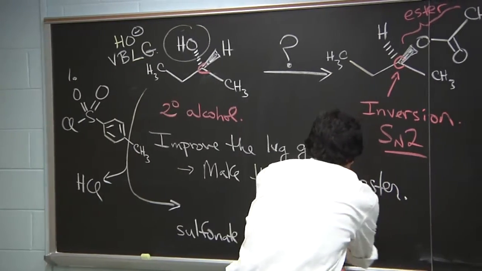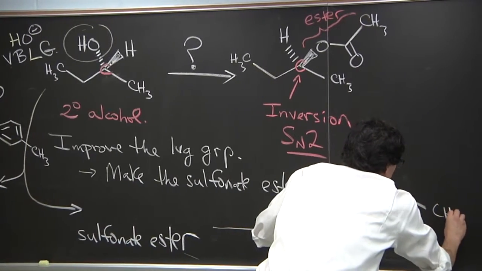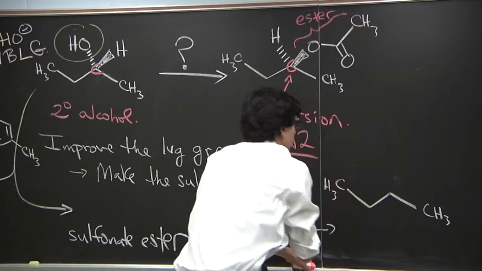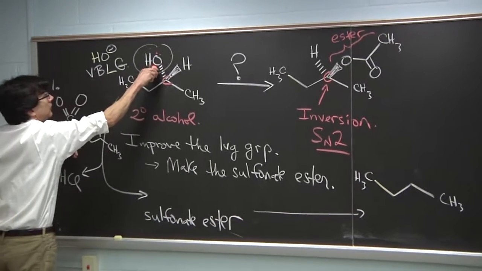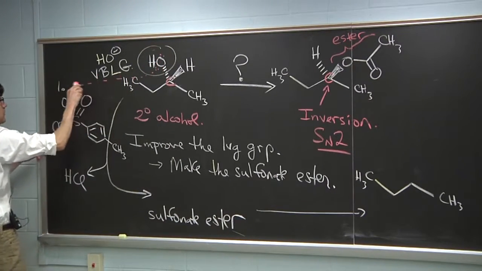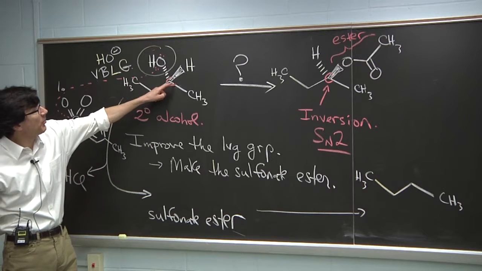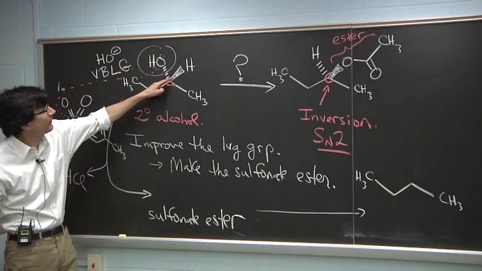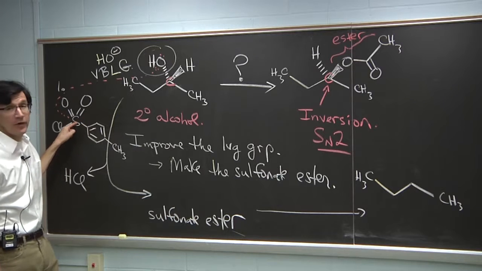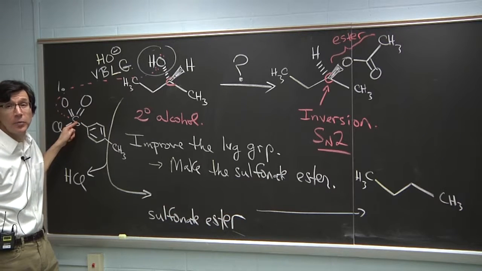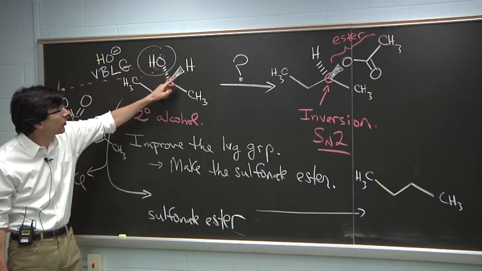So I'll come over here where I have a little bit more room. In this product, I'm going to make a new bond between this oxygen and the sulfur. Remember from the previous example, nothing is happening at this carbon. All of the action is at this oxygen and at this sulfur, and that's very important for the purposes of this problem because we're really worrying about at this carbon, what's back, what's forward.